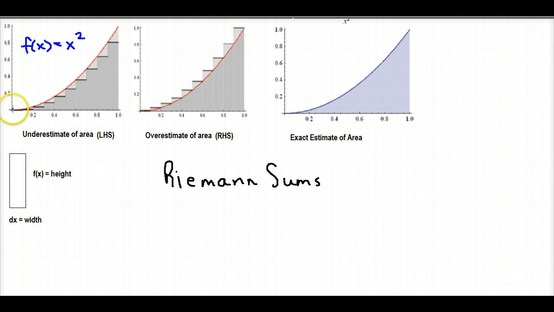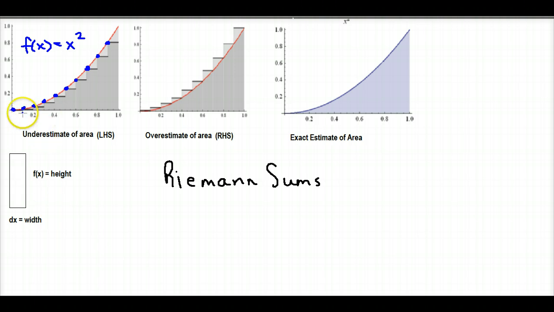So we'll get the f of x value when x is 0, the f of x value when x is 0.1, when it's 0.2, when it's 0.3, when x is 0.4, 0.5, 0.6, 0.7, 0.8, and 0.9. Okay? Every time we get that f of x value at a certain x value, we're trying to find the height of the corresponding rectangle.